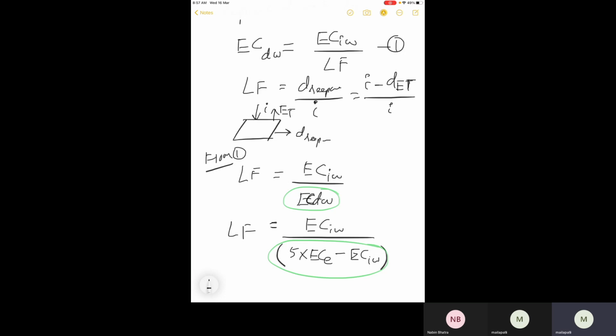ECE, EC means electrical conductivity, right, of soil extract. Of saturated, it's called saturated soil extract. So I already mentioned what is saturated soil extract. You take a soil sample, right?